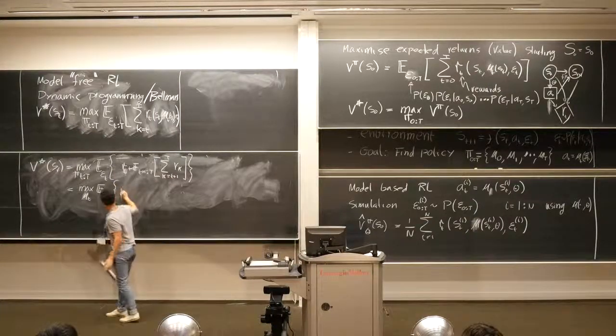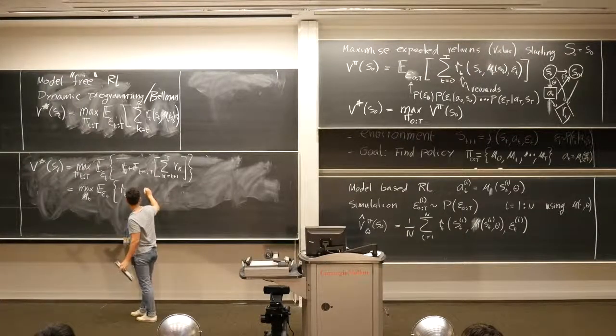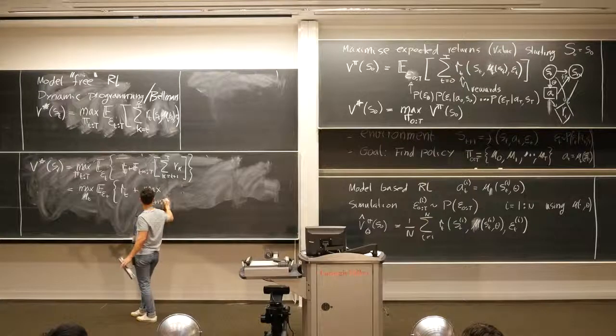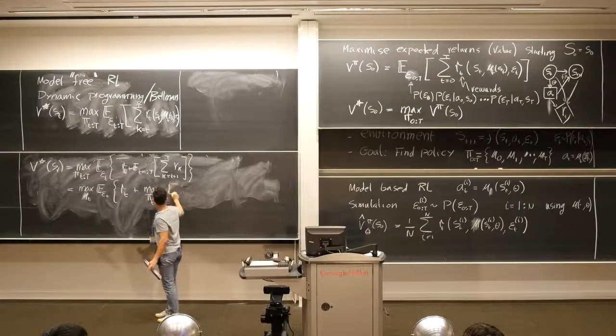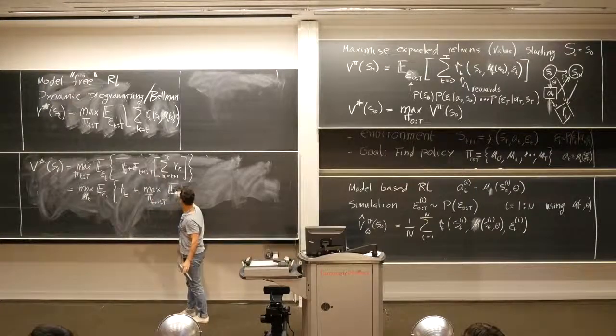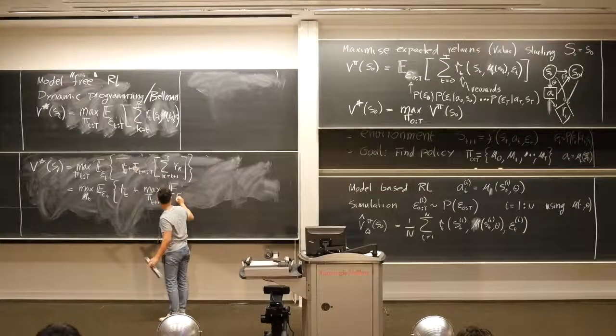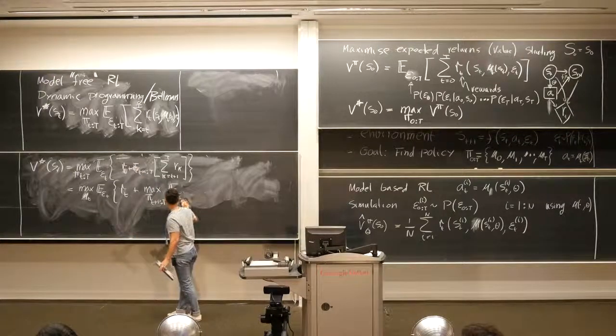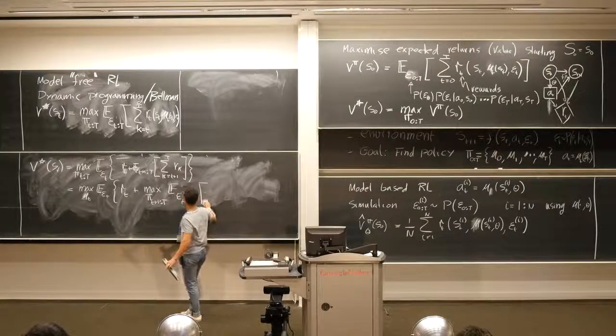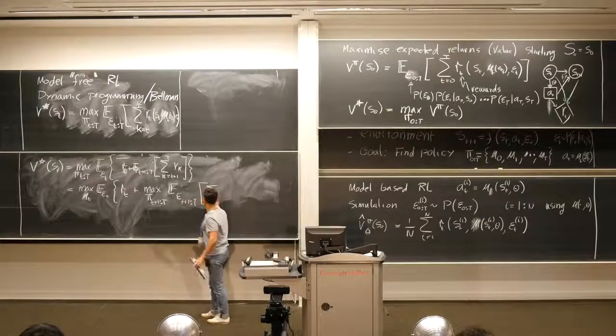So I can now rewrite this as r_t plus the max over pi t plus 1 to capital T of the expectation over epsilon t plus 1 to T of the reward function.